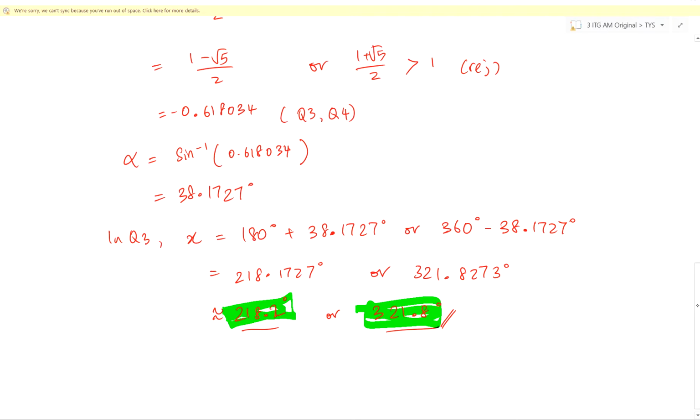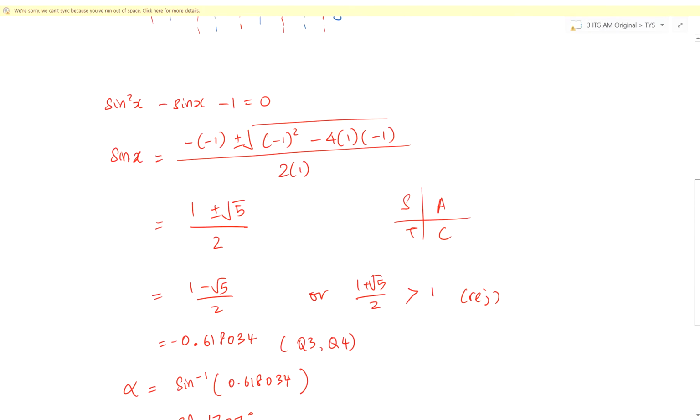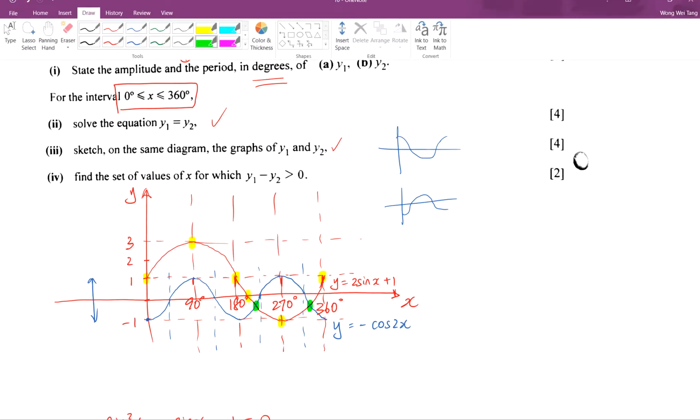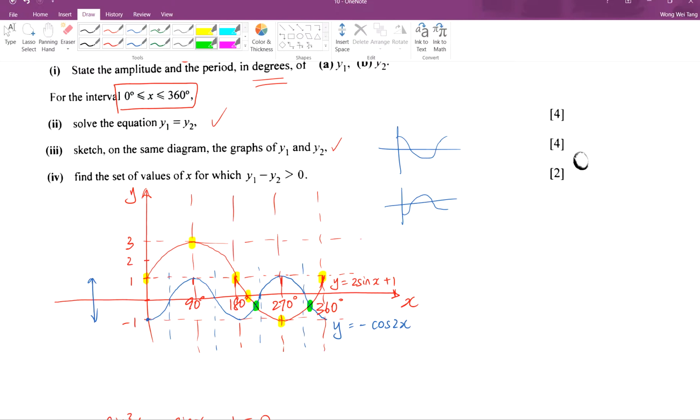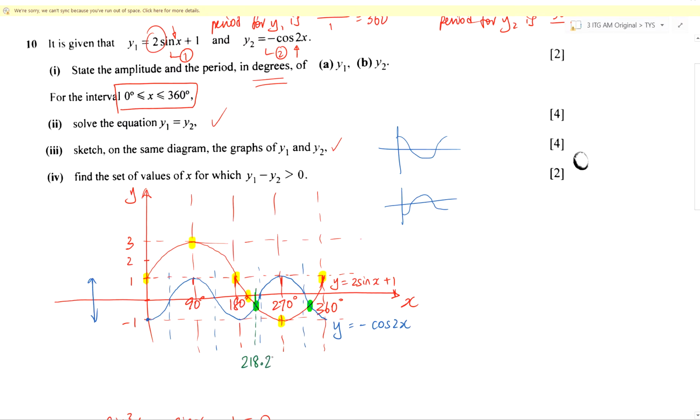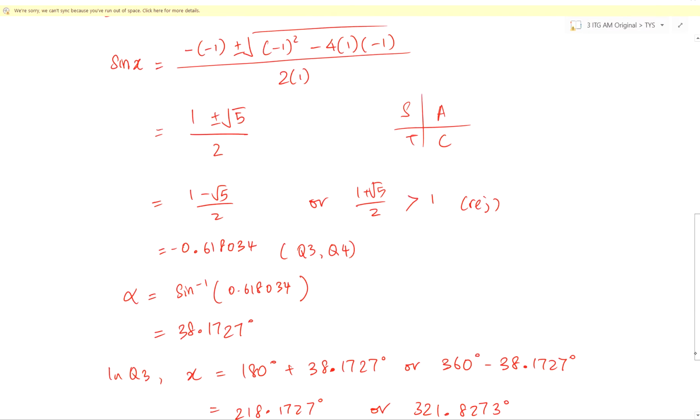So let's see if they are found in the correct range, 218.2. So this value, 218.2 degrees, is greater than 180 and less than 270. So we are confident of our graph so far.